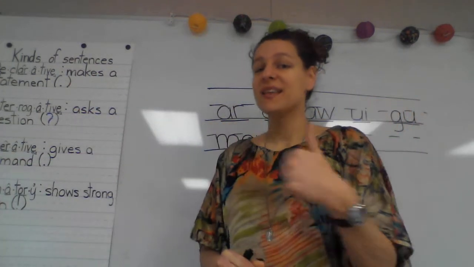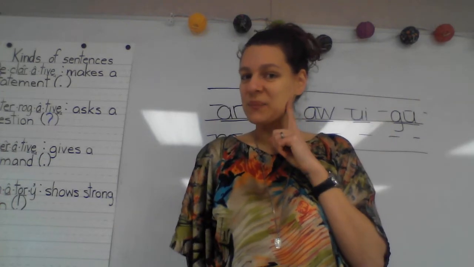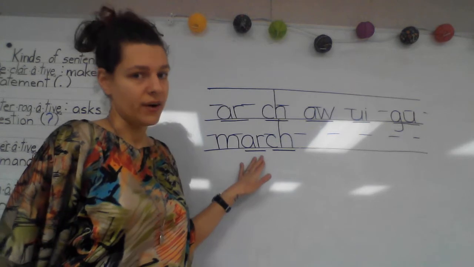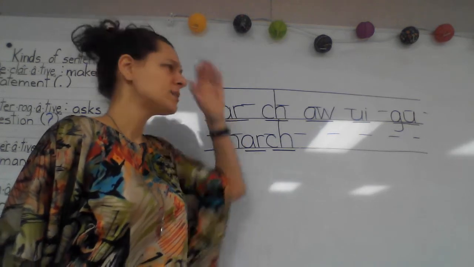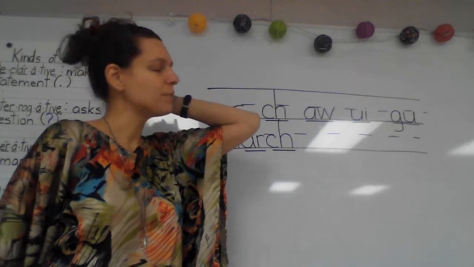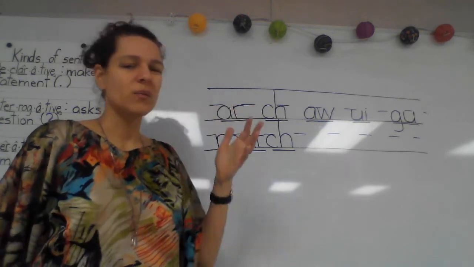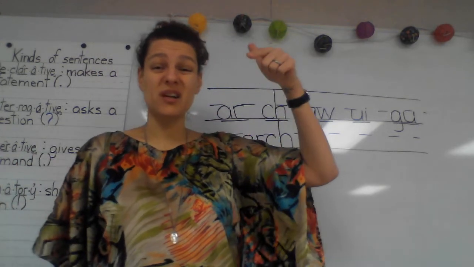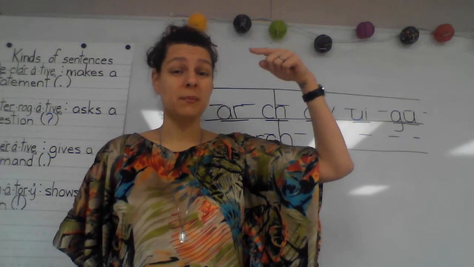So March is spelled the same except, actually, wait, before we get to this, March is a verb. Which part of speech, so noun, verb, adjective, adverb, pronoun, which part of speech would our month be? So you remember, start with, is it a noun? Is it a person, place, thing, or idea?